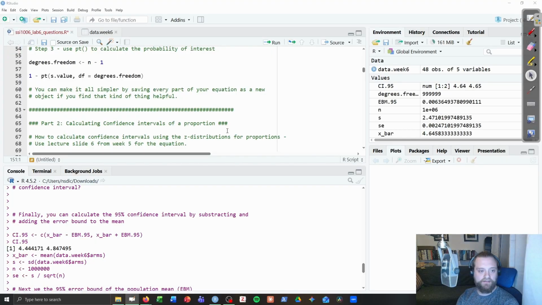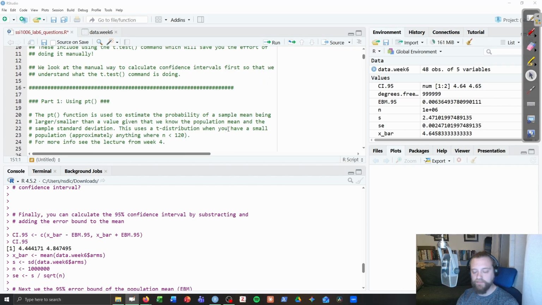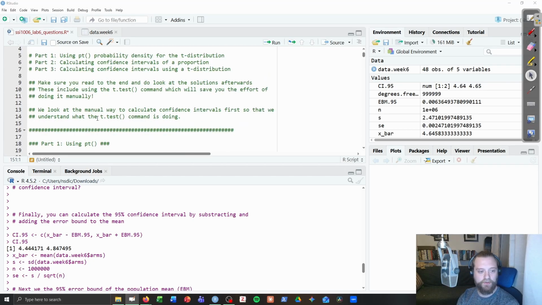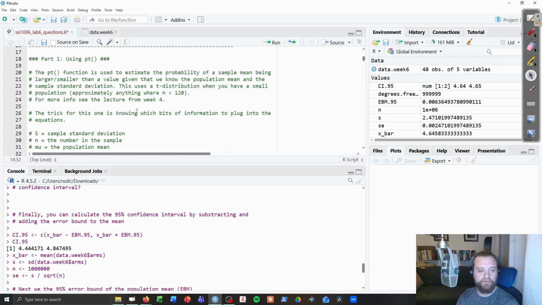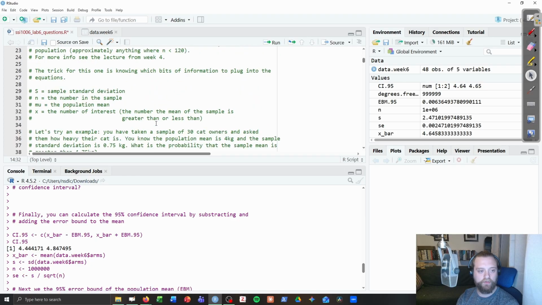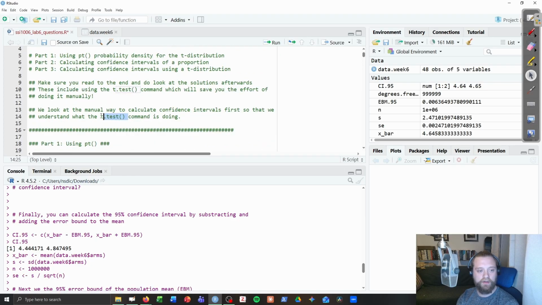Now, again, some of the maths might be, if not difficult to follow in a calculational sense, maybe difficult to follow conceptually. But remember that t-test here is going to do this all for us when we get to the next stage. So this is really just a script to show you what's going on under the hood of this function and what the numbers that it's going to spit out, like p-values and confidence intervals, really mean and how they're calculated.